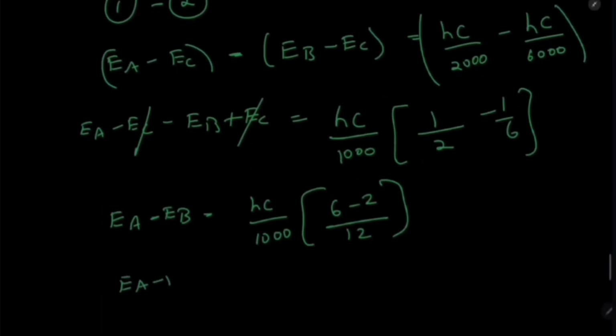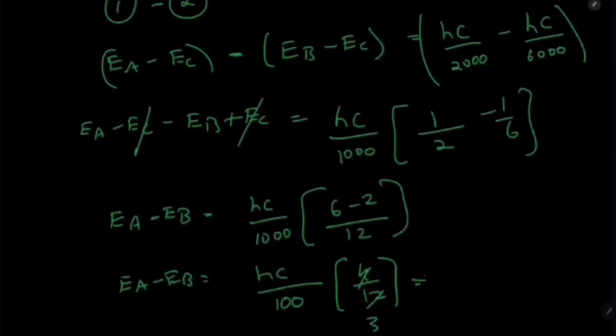So EA minus EB is equal to hc by 1000 into 4 by 12, which is 1 by 3. EA minus EB is equal to hc by 3000 angstroms.